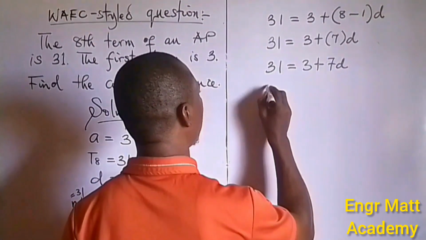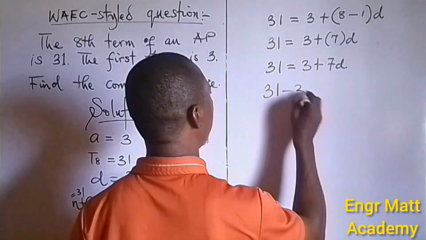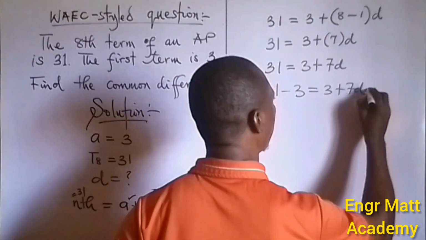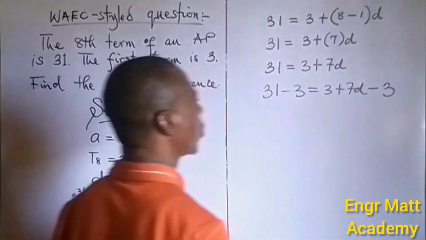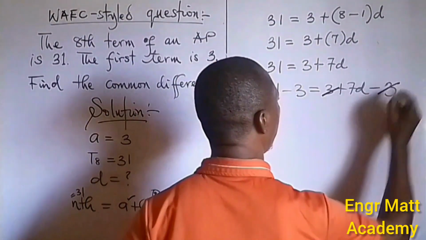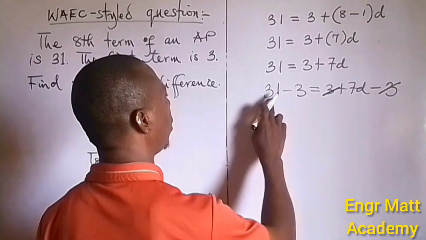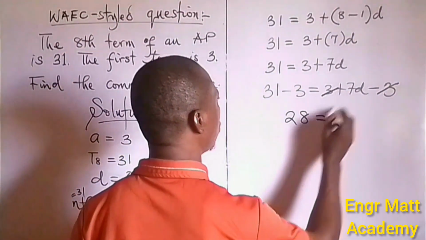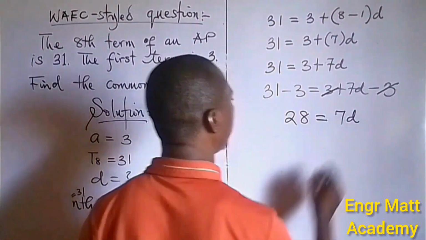We say 31 minus 3 is equal to 3 plus 7d minus 3. We subtract 3 from both sides. 3 minus 3 cancels out. We now have 31 minus 3, which gives us 28, is equal to 7d.